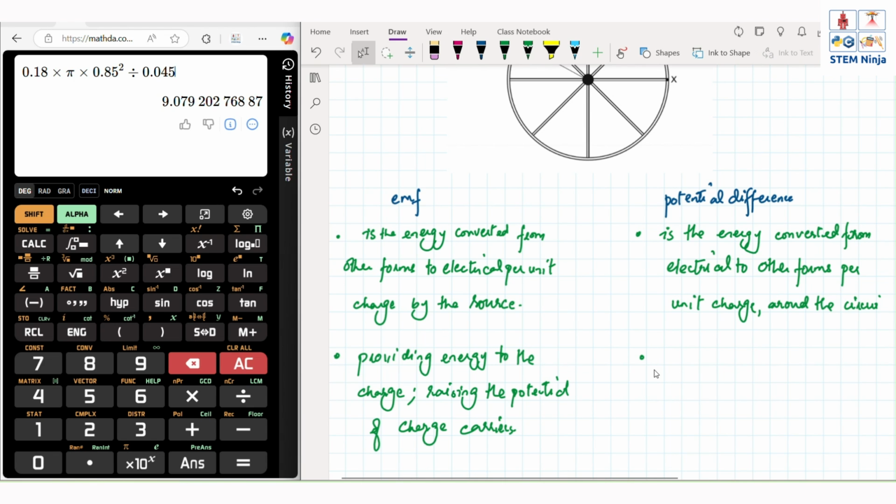But on the other hand, when the charge is moved outside the source, they are losing that energy. So charges lose energy as they move around the circuit.